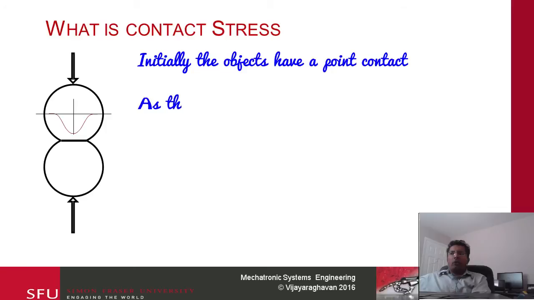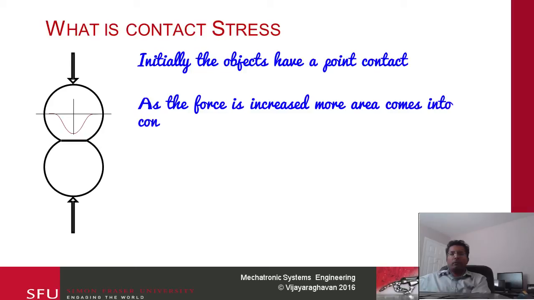As the force is increased, more area comes into contact. This means that the stress is a function of the load, because if the load is 0, there's not going to be any stress, as well as the geometry, as well as the elastic model.